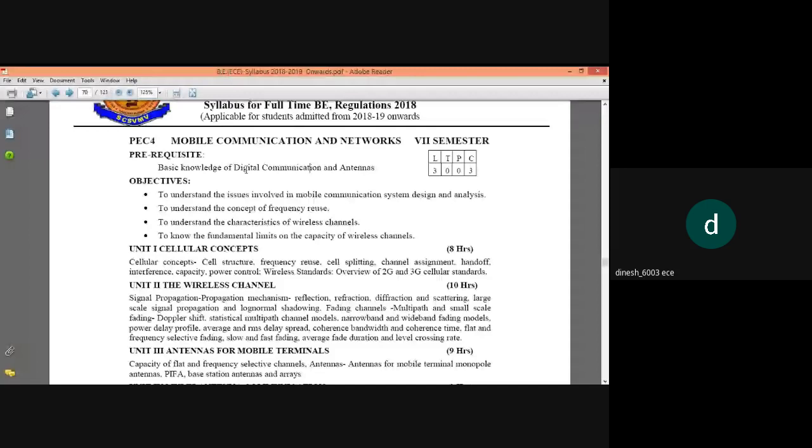To start with mobile communication and networks, you need to be familiar with the basic prerequisites. The basic prerequisite for understanding mobile communication is two different subjects. One subject is digital communication and the second one is antennas.